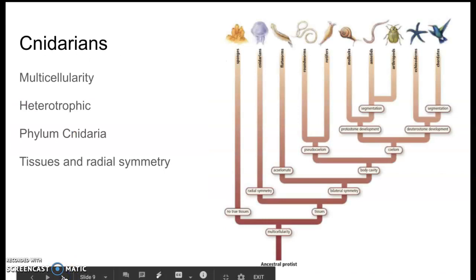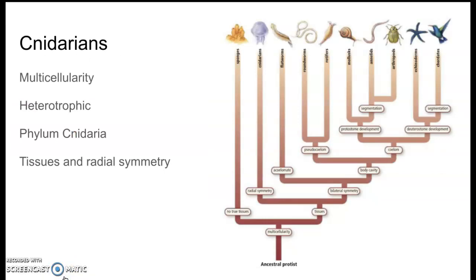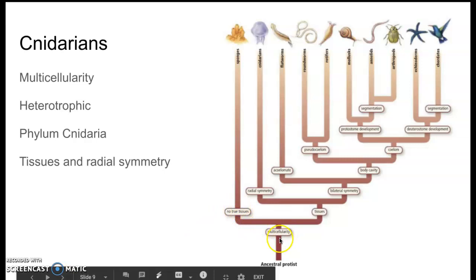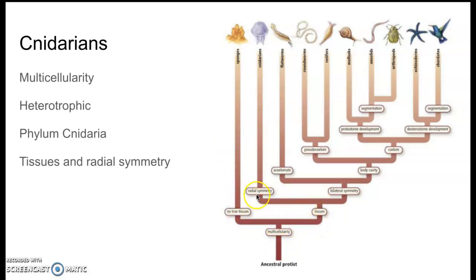Some of the characteristics of these organisms include that they are obviously multicellular, and they are heterotrophic. They are from the phylum Cnidaria, and that means that if you look at our cladogram, we already covered sponges, so we're moving to tissues and radial symmetry.